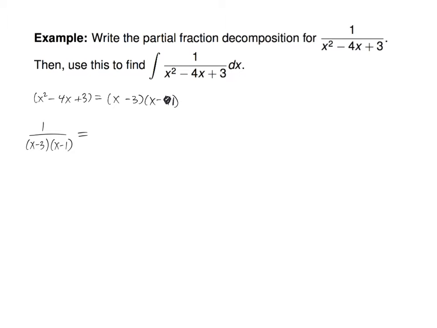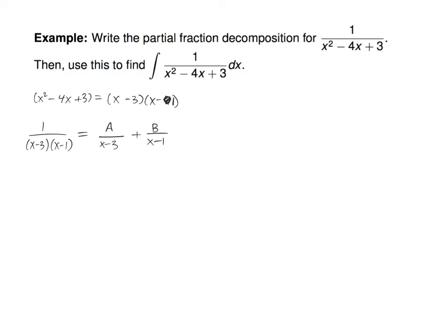So you can think you got that by adding together a fraction that was some number over x minus 3 plus some other number over x minus 1. And there's a mathematical theorem that guarantees this will work if the degree of the numerator is exactly 1 less than the denominator. So the degree of the numerator is 0, since constants have no x's, and you're going to figure out what those numbers are.